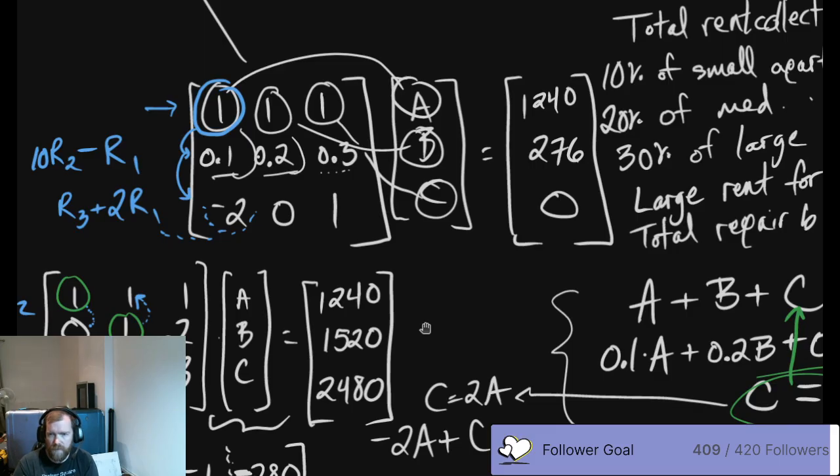Granted, if you already know how to do it by the algebra method, why would you do it by linear algebra? The answer is it becomes a lot faster. When you get sufficiently complicated equations, it's going to be a lot easier to use linear algebra methods than standard algebraic methods.